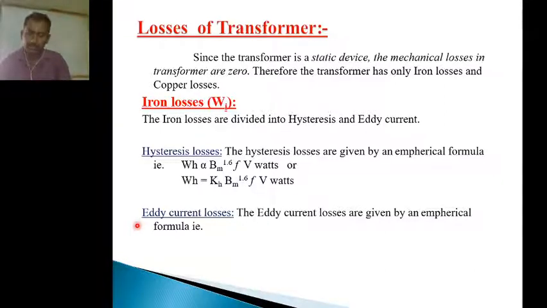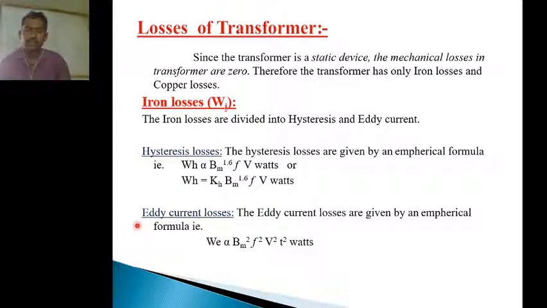And similarly, eddy current losses. What do we mean by eddy current losses? The eddy current losses are because of the circulating currents present in the magnetic core of the transformer. In order to reduce these eddy current losses, we have to minimize the circulating currents. To reduce the circulating currents, we can make our transformer core with laminations, and provide proper insulation in between those laminations.